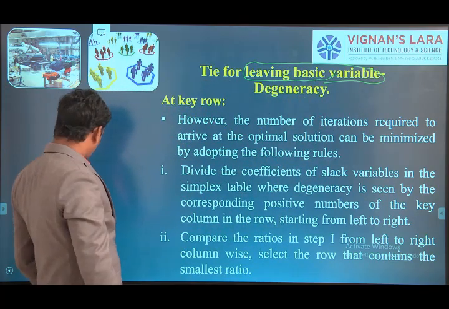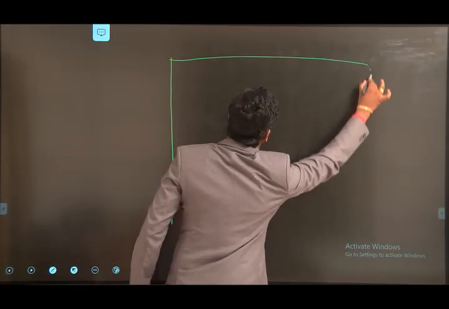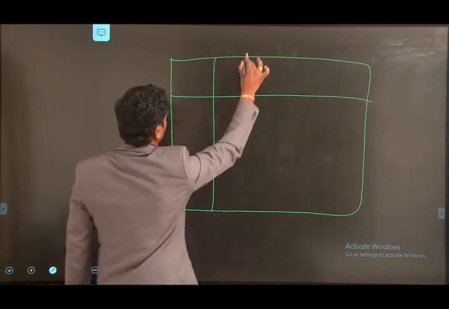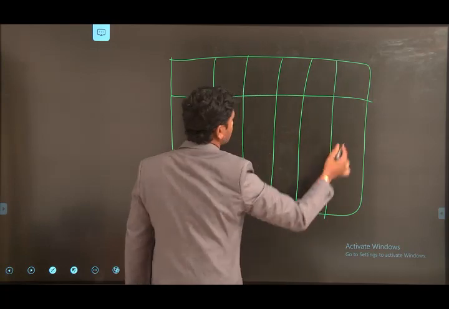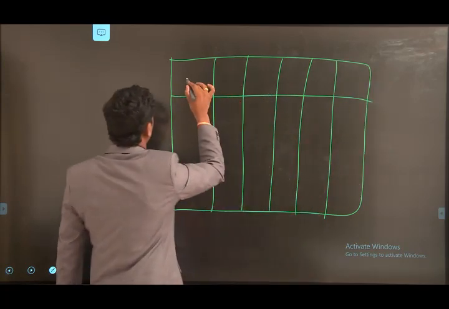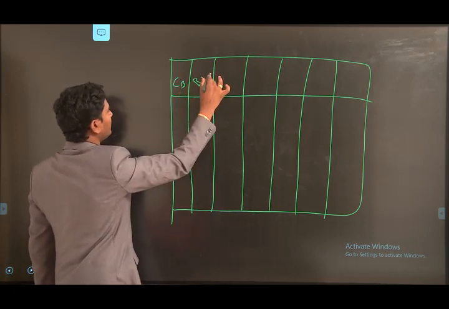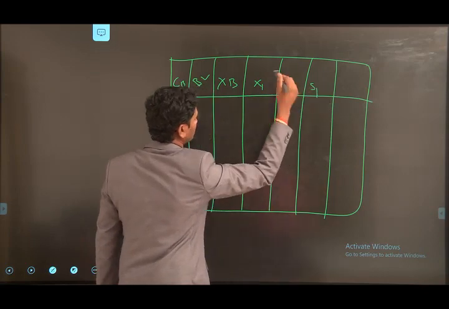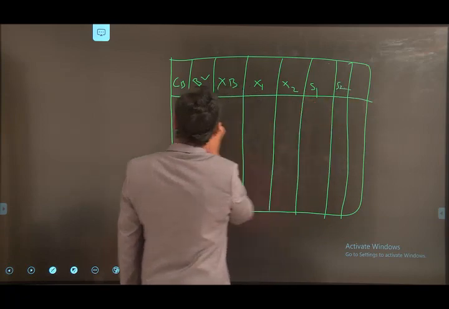When we are calculating the minimum ratio, for example, this is the table with CB, BV, XB, X1, X2, S1, S2.